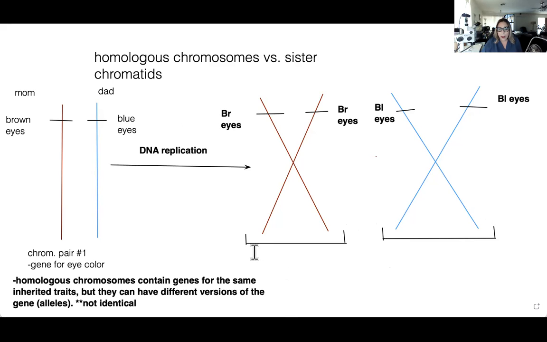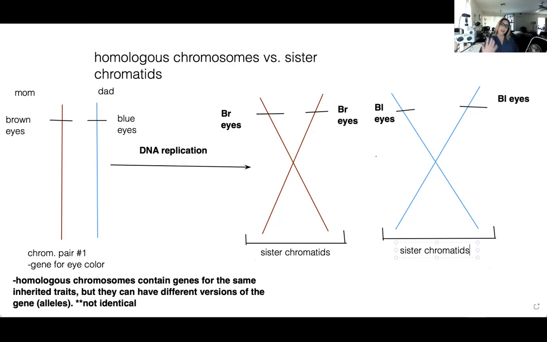So here we have sister chromatids. The reds are sister chromatids. The blues are sister chromatids. Sister chromatids are identical.